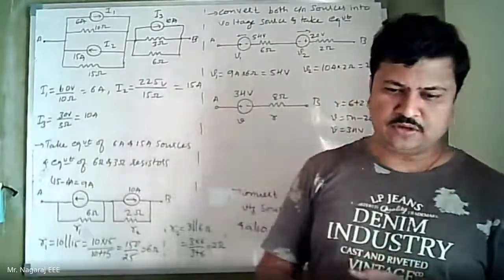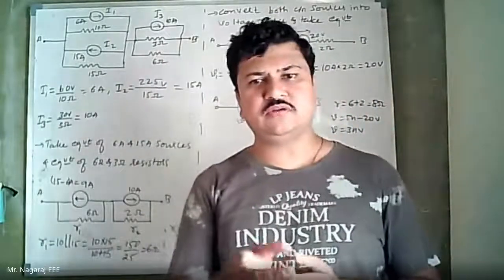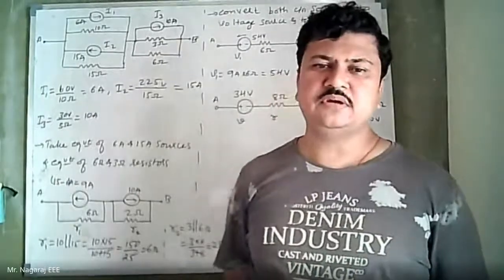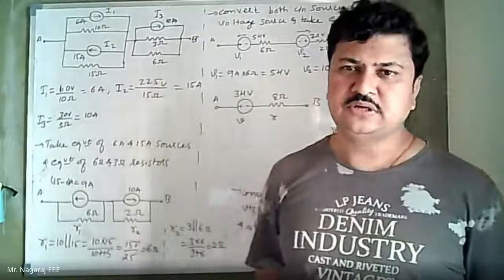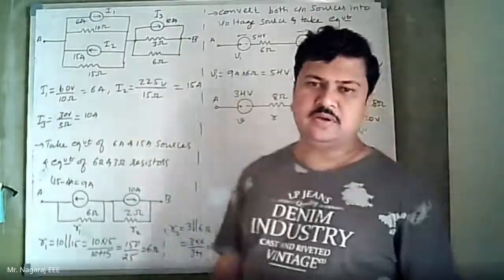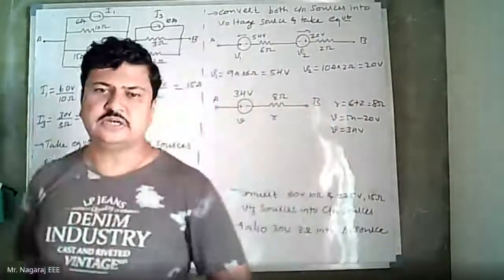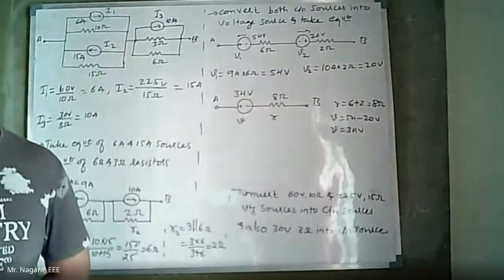So polarity of voltage source after conversion or transformation depends upon the direction of current source, and the direction of current source after transformation will depend upon the polarity of the previous voltage source. So this care has to be taken compulsorily. Then only the answers will be correct, or else you may follow the procedure but results are incorrect.